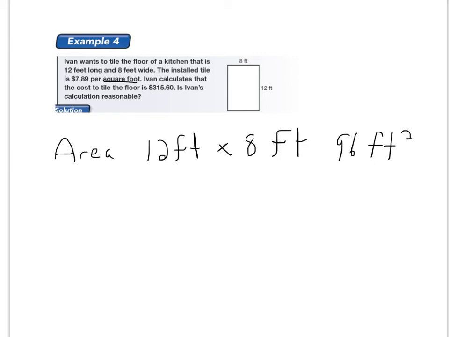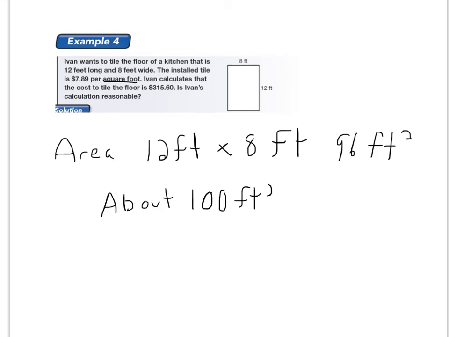And it costs $7.89 per every one of those. And we're just trying to figure out about how much we're going to have to pay. Well, I'm going to go ahead and round this and say that's about 100 feet squared that we had to pay for.